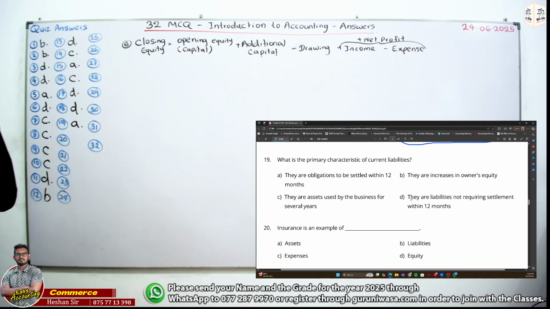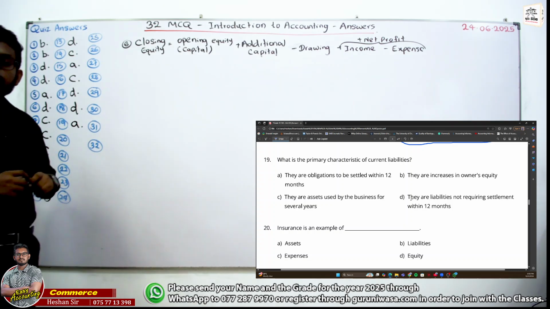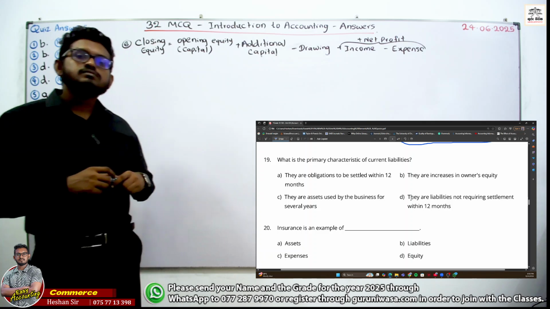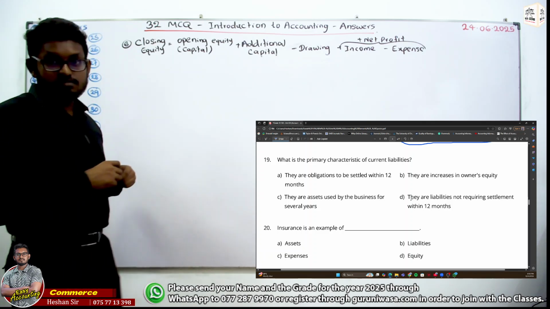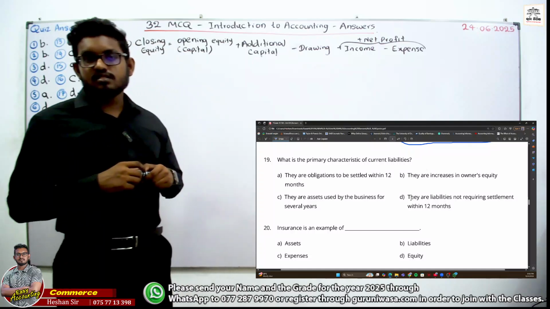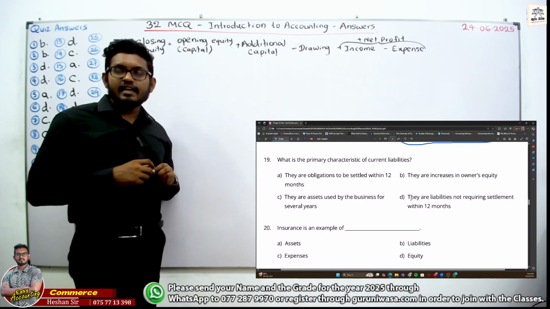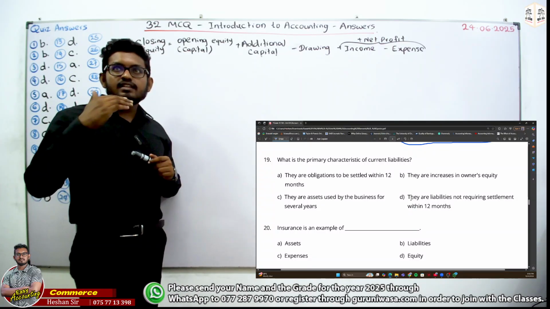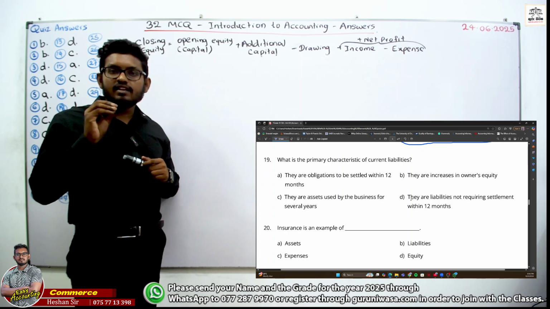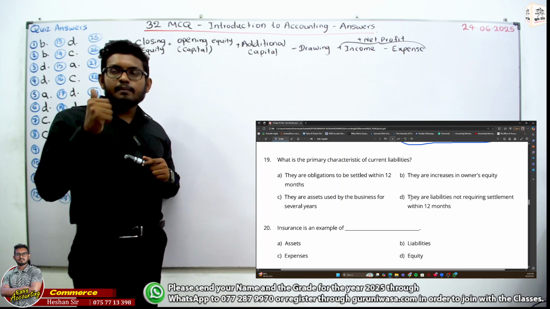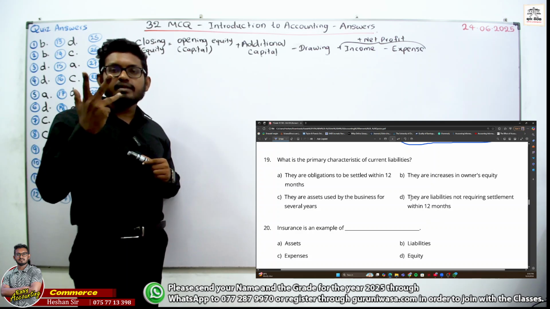20. Insurance is an example of equity. When we write the accounting equation, insurance goes under equity. Under equity there are things: capital, additional capital, drawings, income, expense.